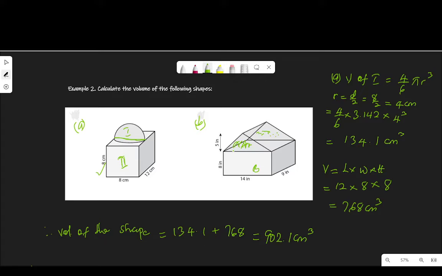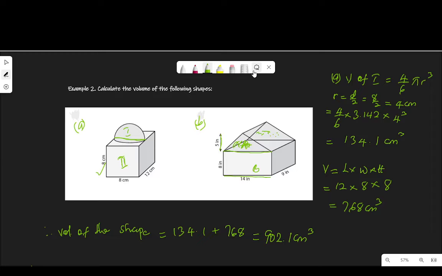And the dimension given, the base of this triangle right here, this base right here, is the same, this 14 inches here, while the height is indicated with arrow here. The area of this triangle multiplied by the length of the prism, which is the same thing as this 9 inches here, will give us the volume of the prism on top, which we call prism A.